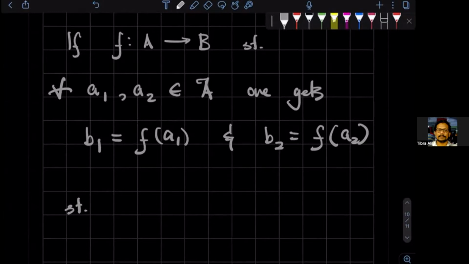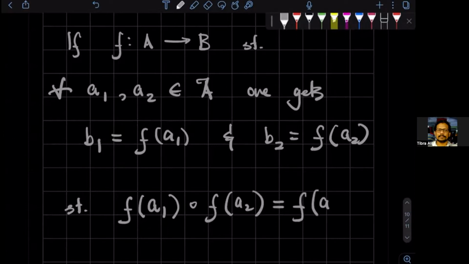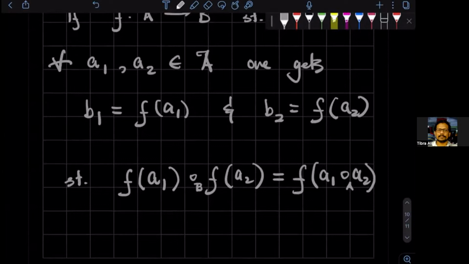We actually didn't need to use B1 and B2, but let me just use them anyway. F of A1 times F of A2 is equal to F of A1 A2, where this multiplication is the multiplication in the second group B, and this multiplication is in the first group. Of course, we can write this as B1 B2 is equal to F of A1 A2.